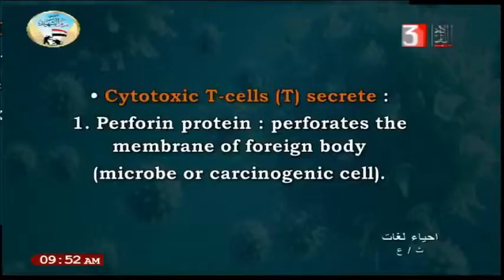Cytotoxic T cells secrete perforin protein which perforates the membrane of the foreign body microbes or carcinogenic cells. This is the chemical substance that can be given to patients who suffer from cancer. In cancer there are irregular cells, or multiplication of the cells in an irregular way.